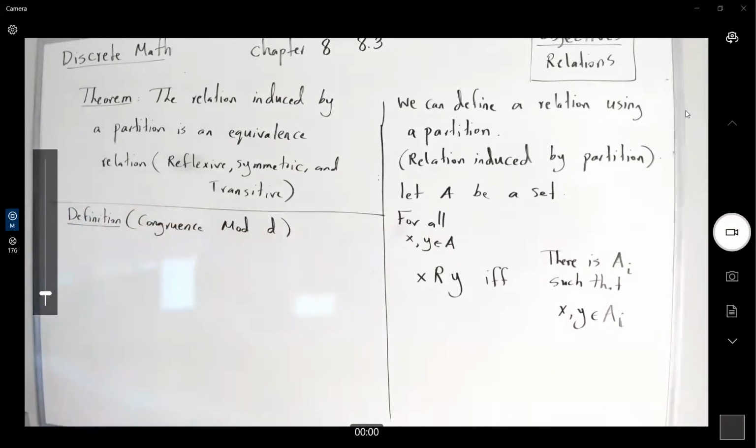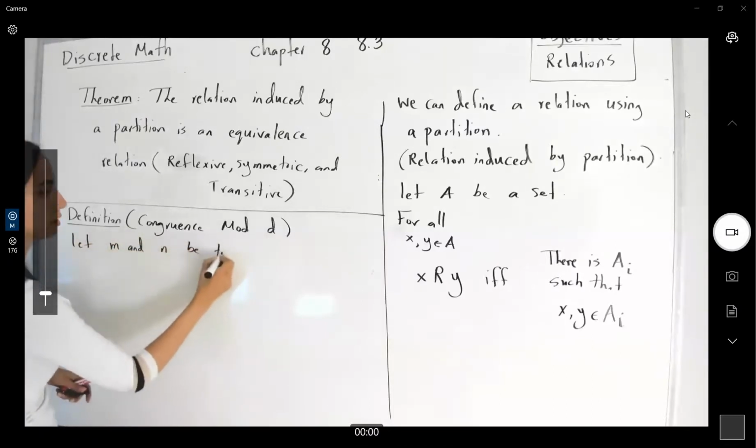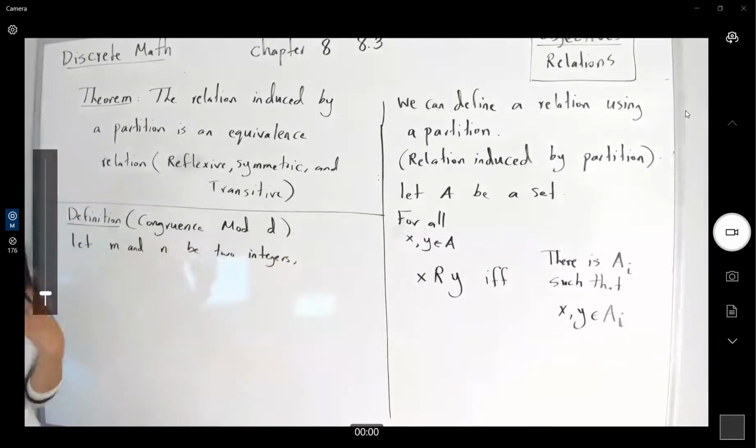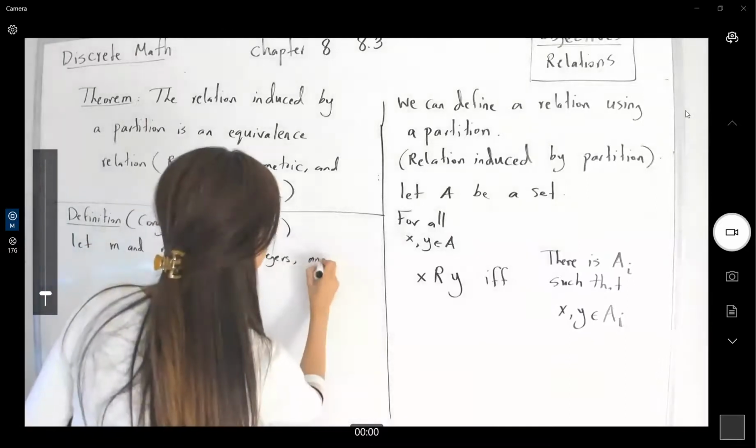Suppose you have two integers. Let m and n be two integers and d be a positive integer.